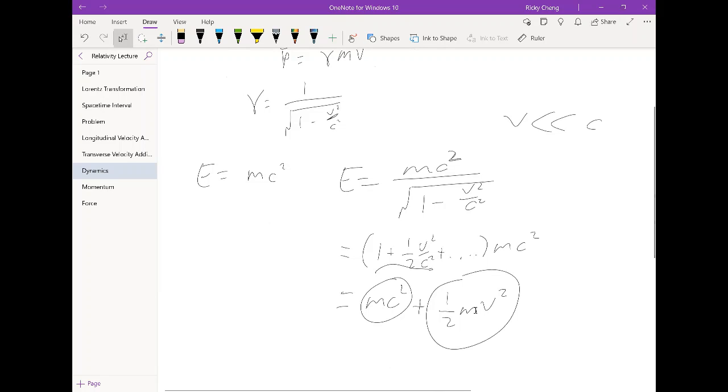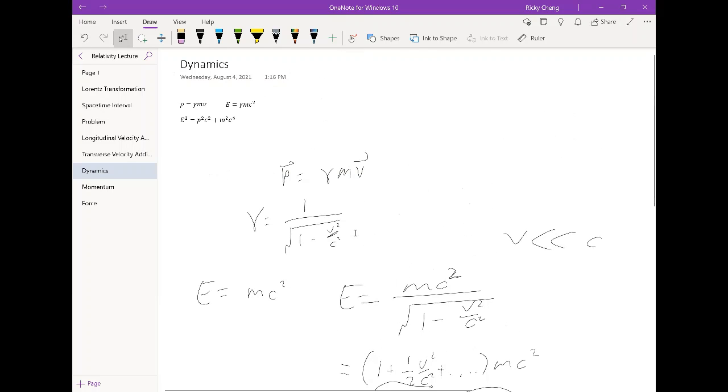So if we take the classical limit of relativity, then this relativistic equation just reduces to the classical mechanics relations we all know.